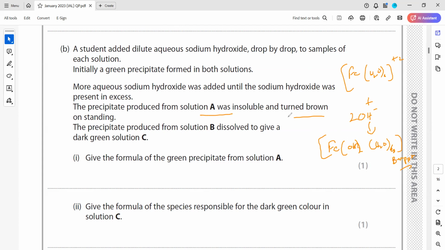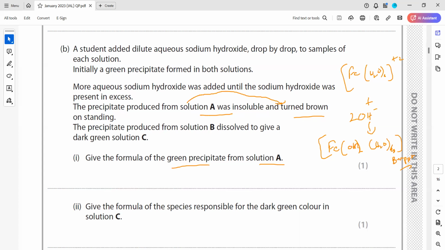Why does this green precipitate turn brown on standing? The reason is that iron 2 will be oxidized to iron 3. It turns brown on standing because iron 2 can easily oxidize to iron 3 if we shake the mixture.